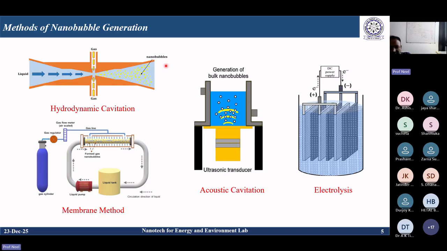But not all of the methods can be used for large scale, commercial applications. For example, the acoustic cavitation method can only be used for lab applications. Similarly, the electrolysis method cannot really generate a huge amount of bubbles, so it also cannot be used for commercial applications.